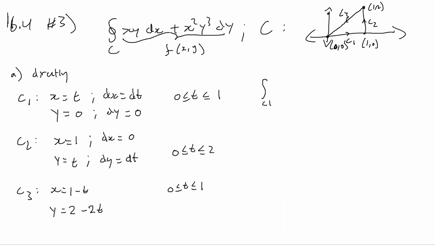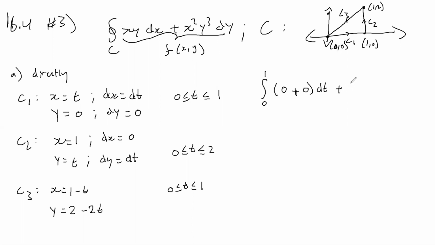Let me write it all down. For C1, we have the lower bound of 0 to an upper bound of 1. If we plug these parametric equations back into our function f(x, y), the first chunk is actually going to be 0 plus 0. So we just have the integral of 0 for the first segment.